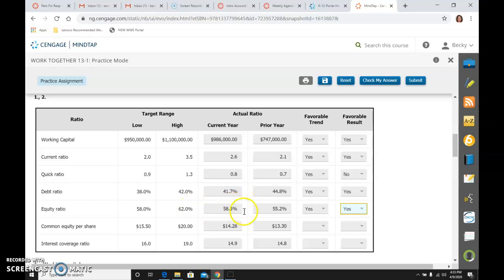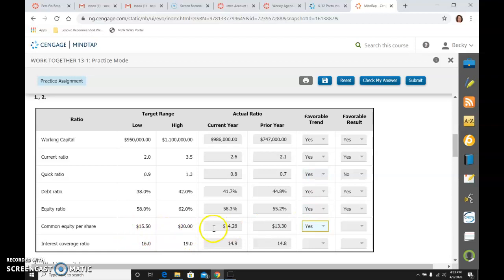And let me just note again, in case you forgot, these two added together should be 100%. So you know that when you calculate these, when I add for the current year, those two ratios, debt and equity, they equal 100%. These equal 100% in the prior year. So then the common equity per share, it's going up. That's a great thing.